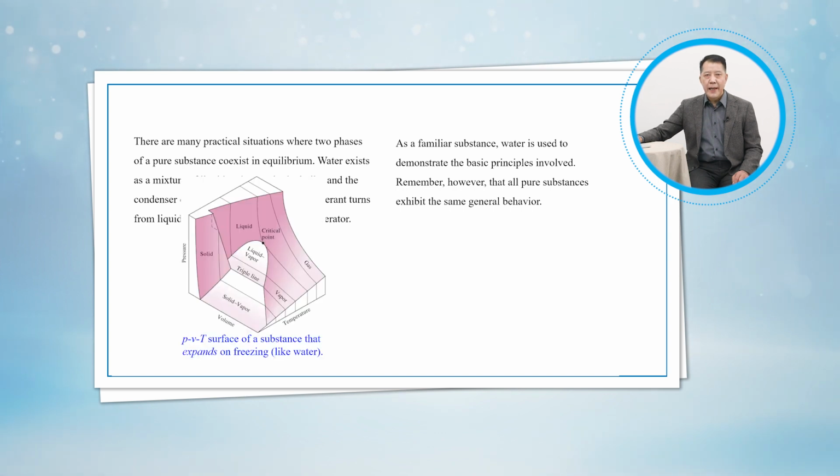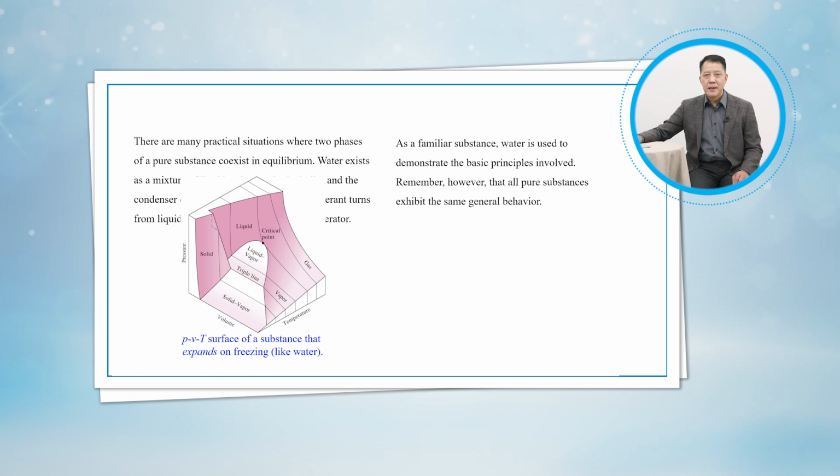Remembering that any equation with two independent variables in the form z equals z of x, y represents a surface in space, we can represent the PVT behavior of a substance as a surface in space as shown in the figure.